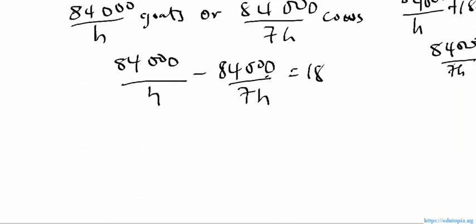Now from what we have here, we'll proceed. The common denominators here are H and 7H, which automatically is 7H. So we'll be multiplying all through with 7H.